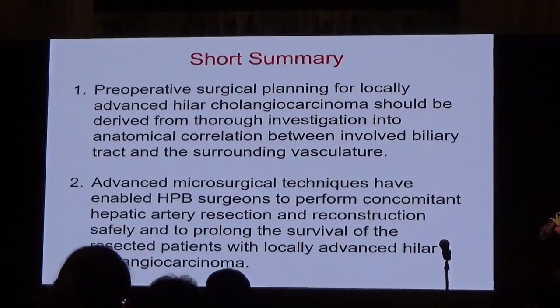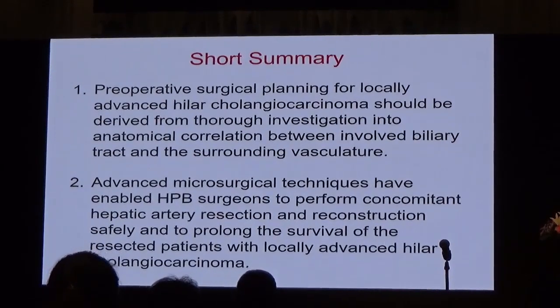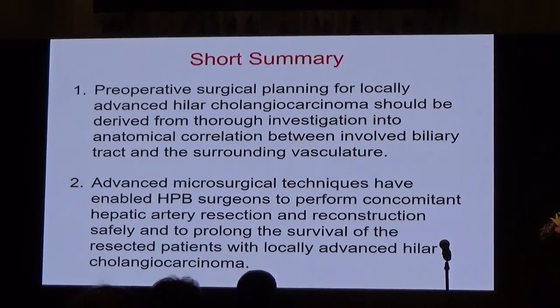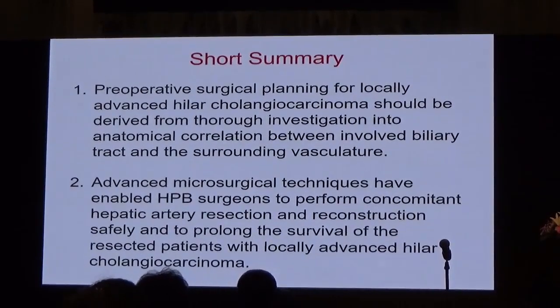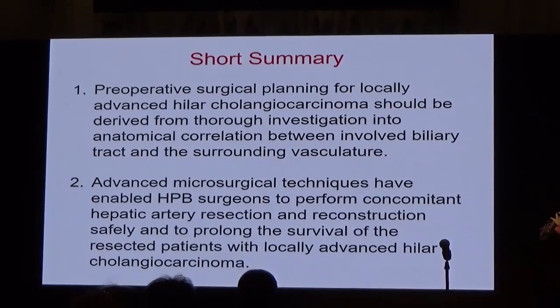Preoperative surgical planning for locally advanced hilar cholangiocarcinoma should be derived from thorough investigation into the anatomical correlation between important biliary ducts and surrounding vascular structures. And anatomical microsurgical techniques have expanded surgery for locally advanced hilar cholangiocarcinoma and prolonged survival.